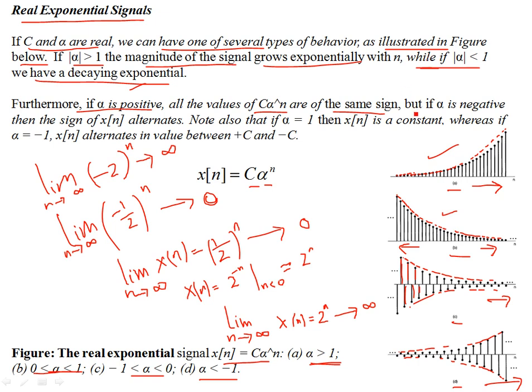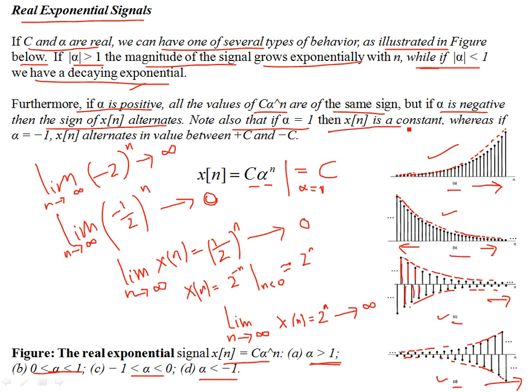But in the third and fourth cases, where alpha is negative, the sign of x of n alternates. Note also that if alpha is equal to 1, then this is pretty much a constant. This is nothing but C, and whatever the value of C is, that's what we have.